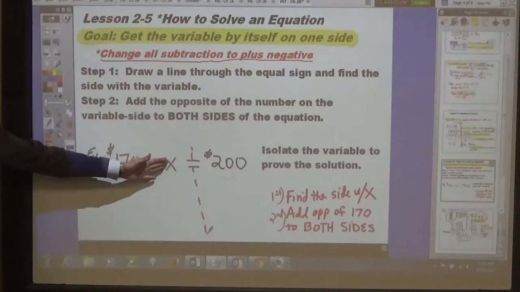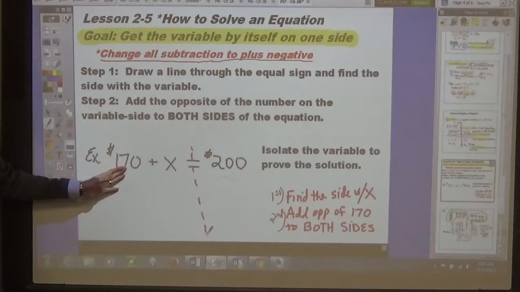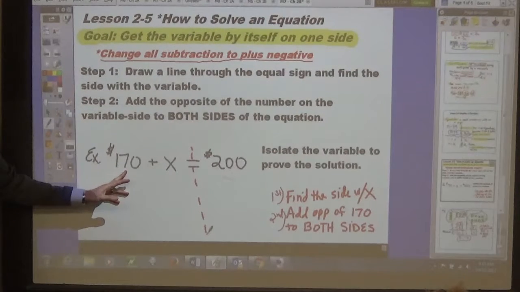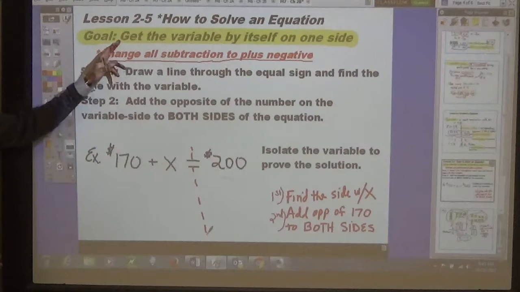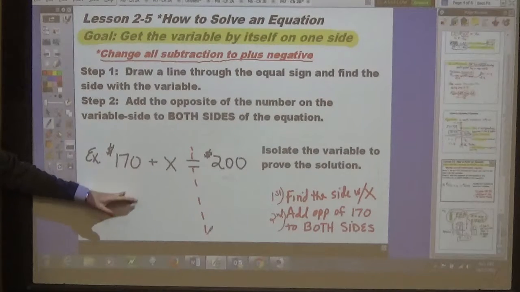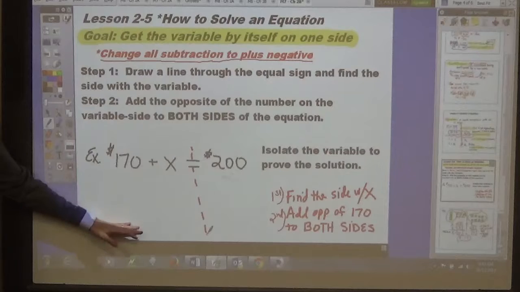So first you find the side with the variable on it, and then find the number, and we need to get rid of this number in order to get the variable by itself. So we have to add something, add a number to this side to get rid of 170.